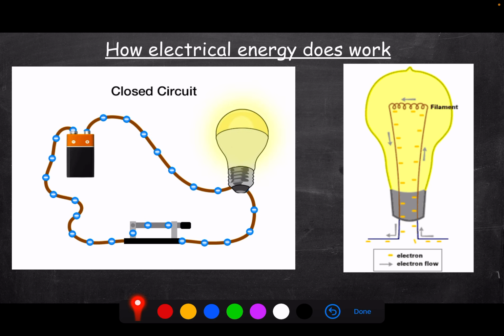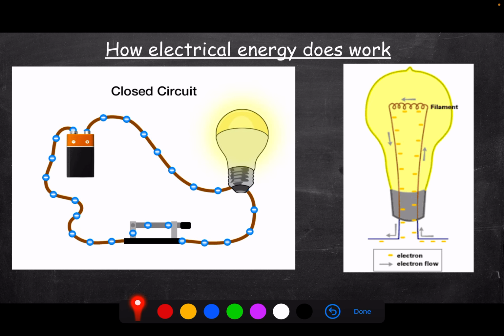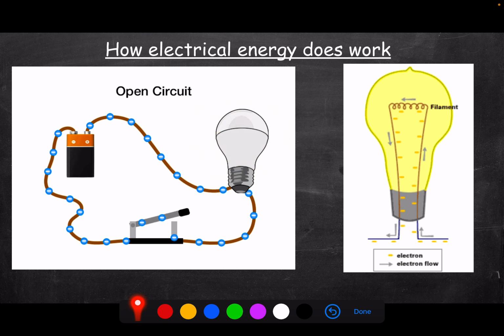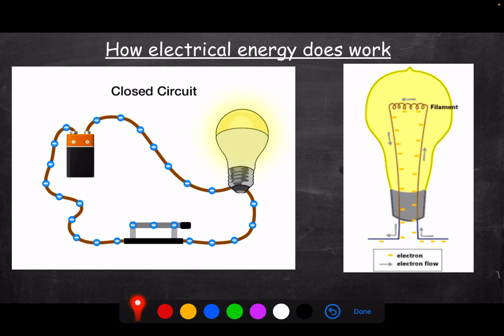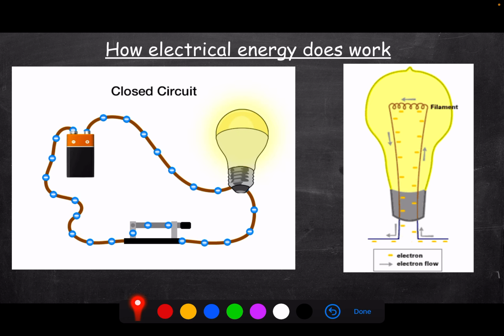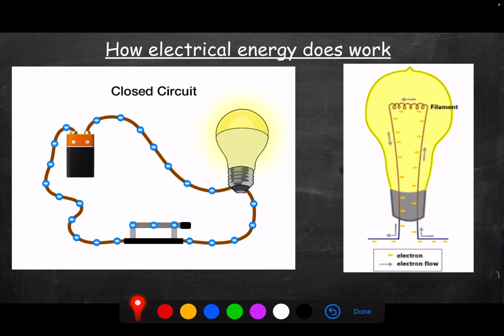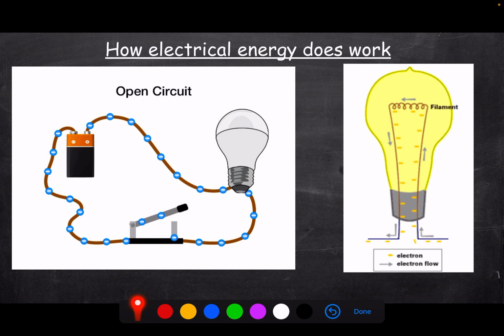And this bumping into the atoms as electrons move through the filament very fast, I might add, causes a lot of friction. And that friction generates a lot of heat energy. And the heat energy causes the metal to get so hot it begins to glow. And when the metal glows, it actually emits photons. And those moving photons are what we perceive as light. And that's how a light bulb works.